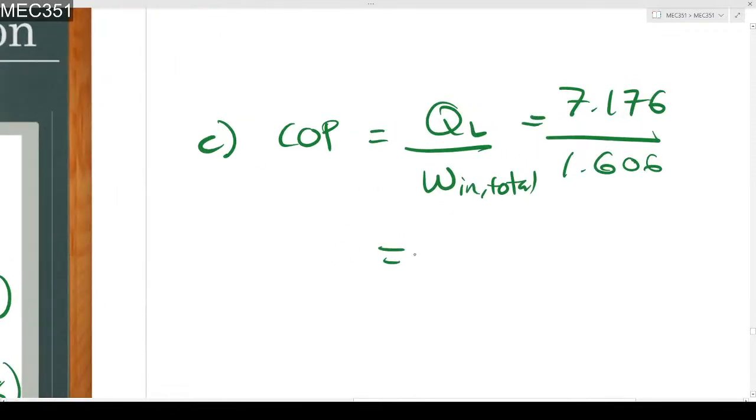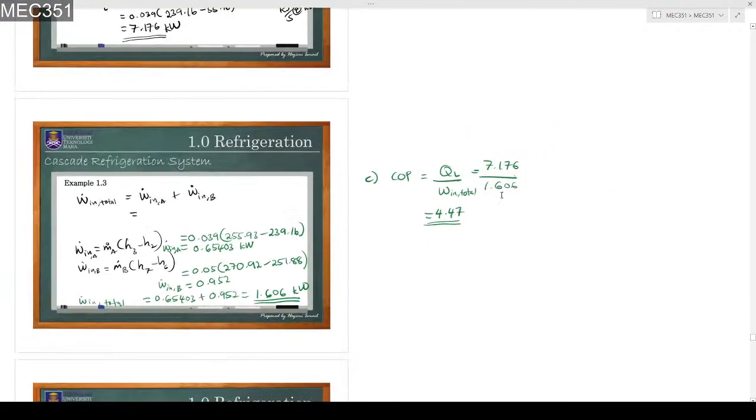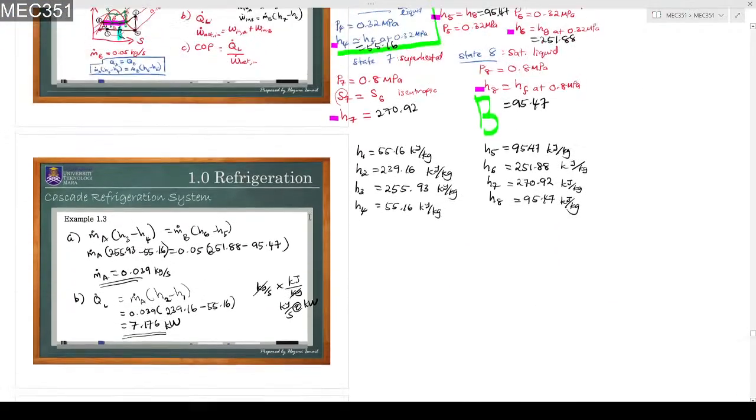Okay, so final value of COP is 4.47. Okay, what is the unit of COP? No, it is dimensionless, so there will be no unit for the COP. Okay, so that's all for the cascade.